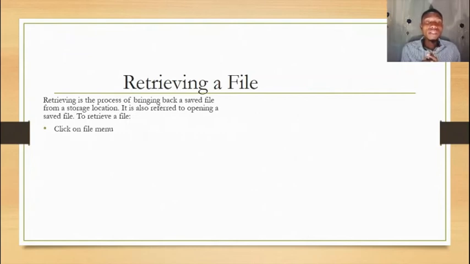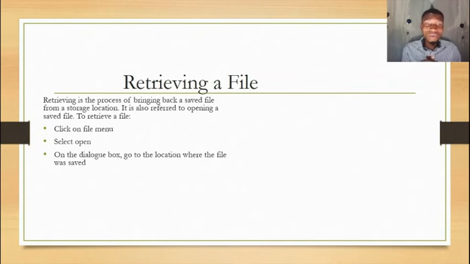To retrieve a file, first you click on the File menu. That means when you load the Microsoft Word program. So after loading it, then next you click on the File menu. After clicking on the File menu, next you select Open, as on the list you have. You click Open. So after clicking on Open, you're going to have a dialog box.